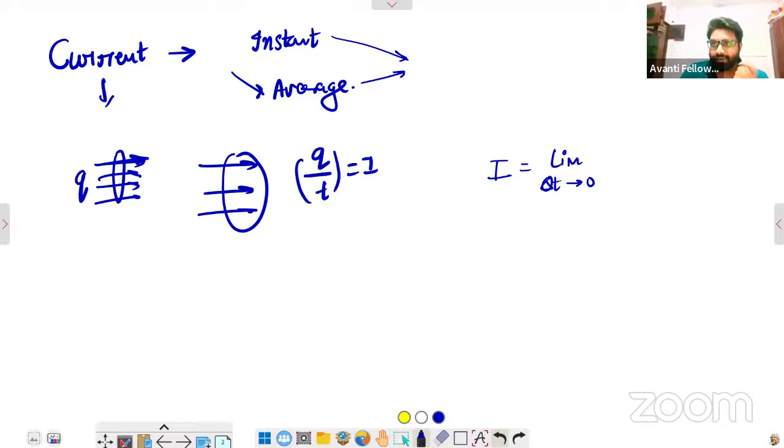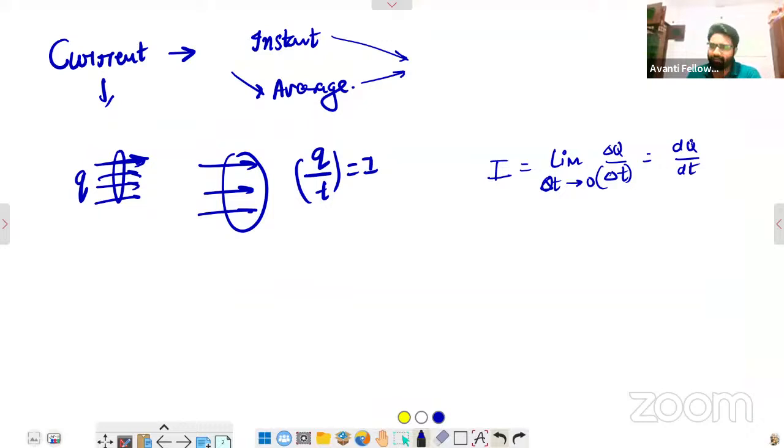This is the current at t equals 2, not more than 2, not less than 2. That value is the instantaneous current, limit delta t tends to 0, delta q by delta t. Since delta t tends to 0, this ratio is also very small. For a very small time interval, a very small charge will flow. So this will become dq by dt.